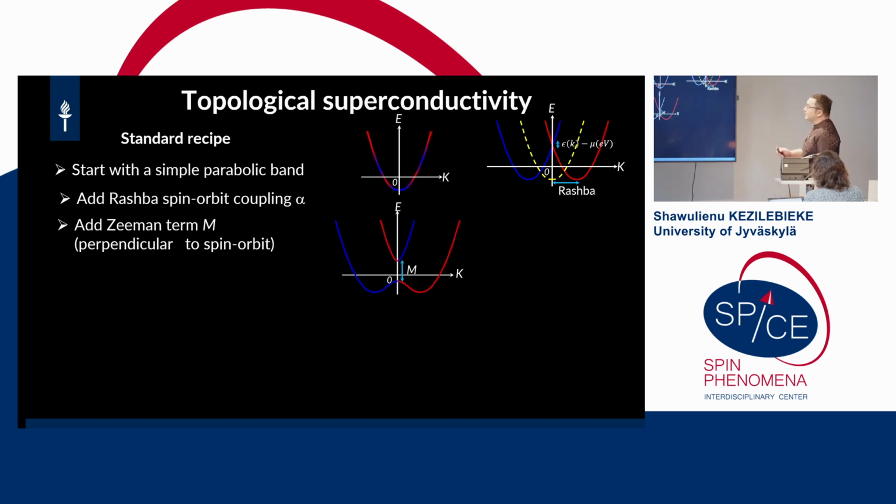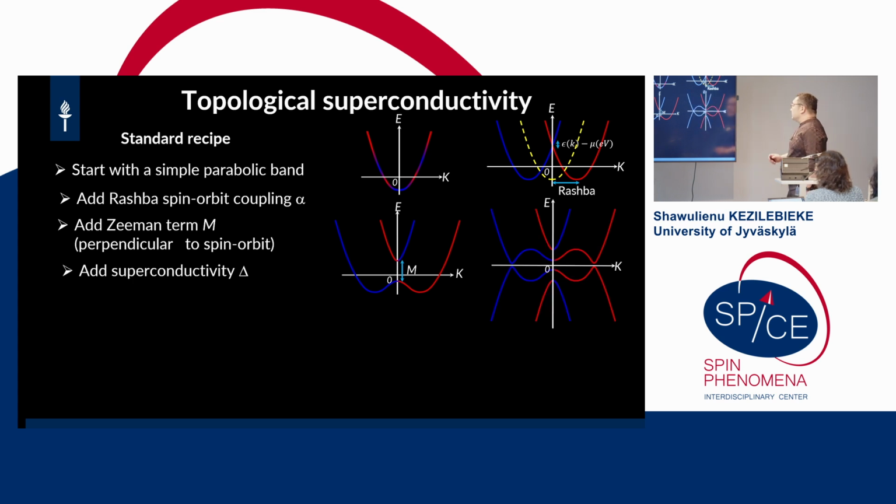Now, when you add a magnetic term, keeping in mind that the direction is perpendicular to the spin-orbit coupling, then you open a gap there, which we call the magnetization gap, sometimes the topological gap, and so on. But then, if you add a superconductor, you basically duplicate the band in this way.